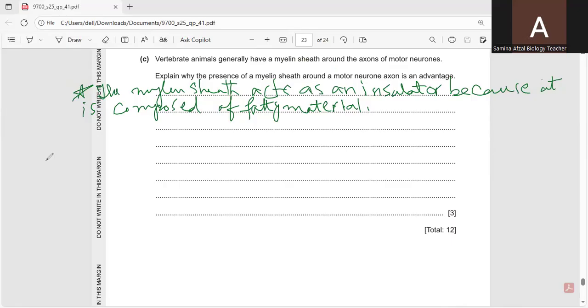It is not continuous; it has gaps called nodes of Ranvier.